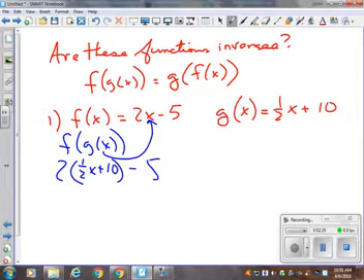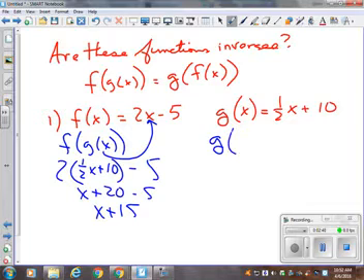Half of 2 is 1. And 2 times 10 is 20, right? Everybody agree? Minus 5. Does it work? Well, I don't know. This side came out to be x plus 15. We'll see if the other side comes out to be x plus 15. So on this side, we're going to do the other way.